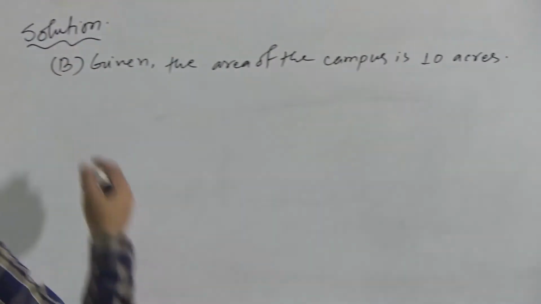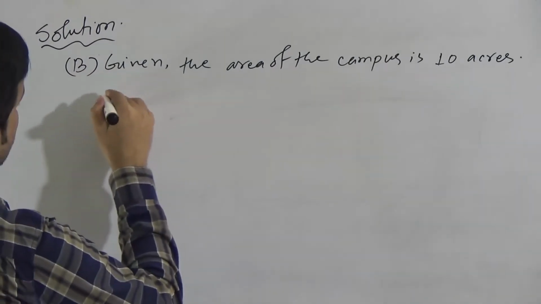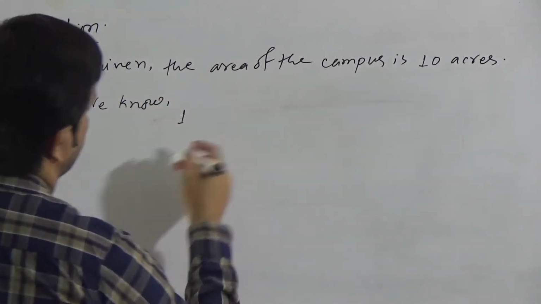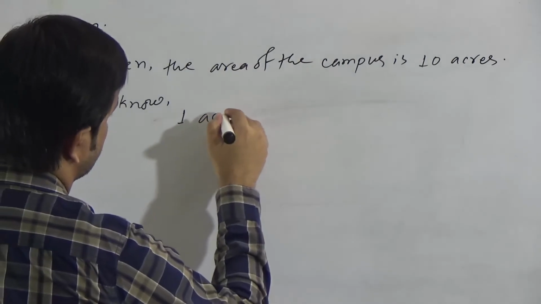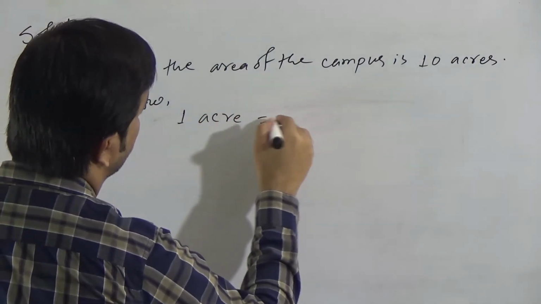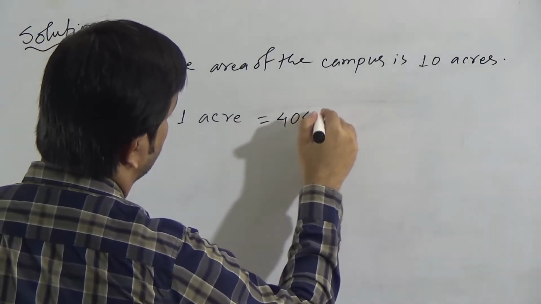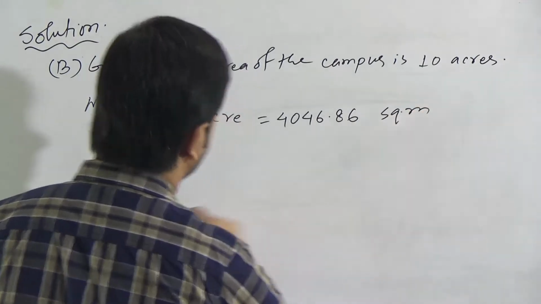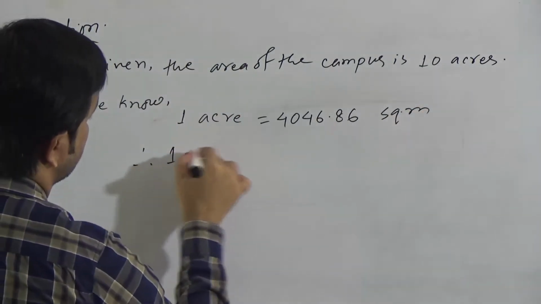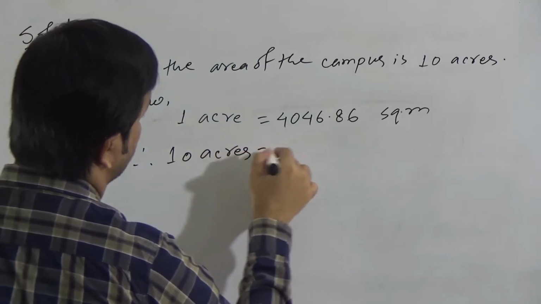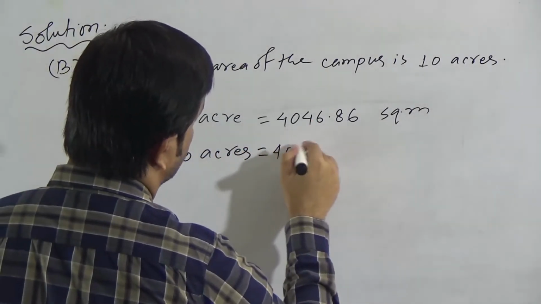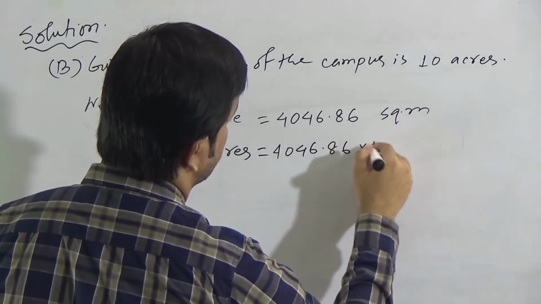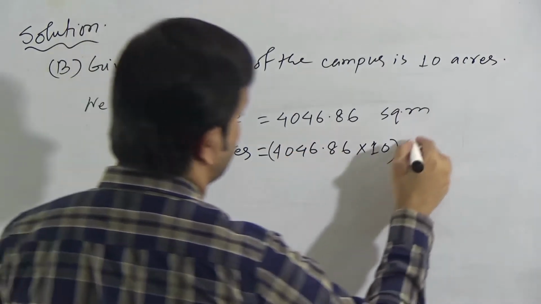We know one acre is equal to 4046.86 square meter. Therefore 10 acres will be equal to 4046.86 multiplied by 10 square meter.